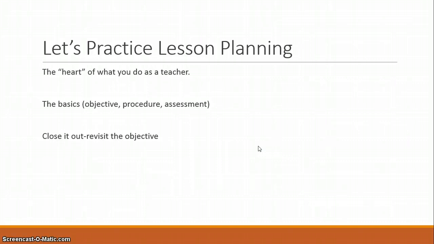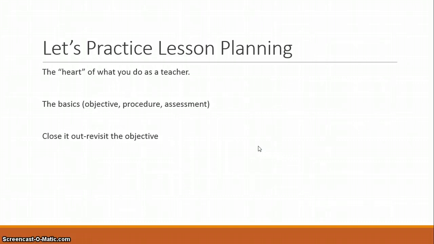And finally, I have close it out, revisit the objective. What I mean by that is I've witnessed, and I'm guilty of this myself, several times planning or giving a lesson and not closing it out. It's a pretty simple step to do. One super simple way to do it is to revisit the objective.